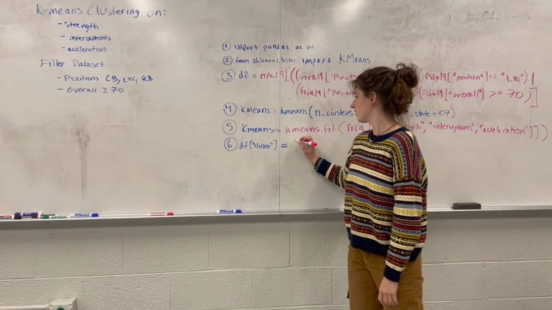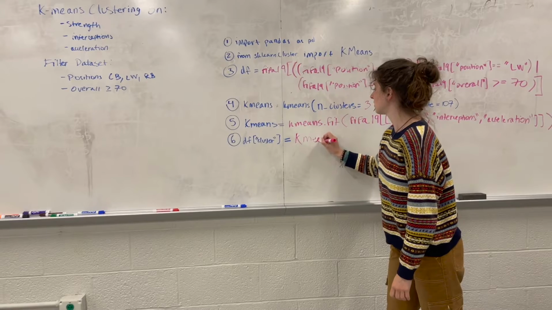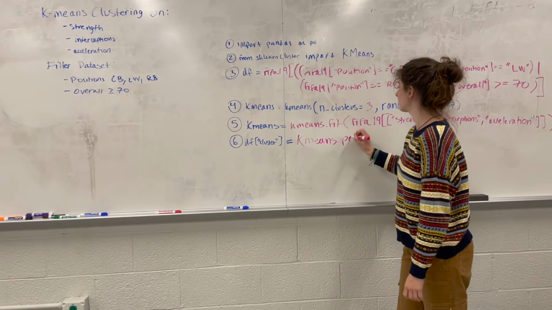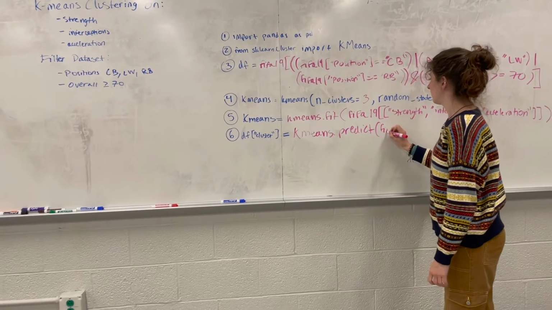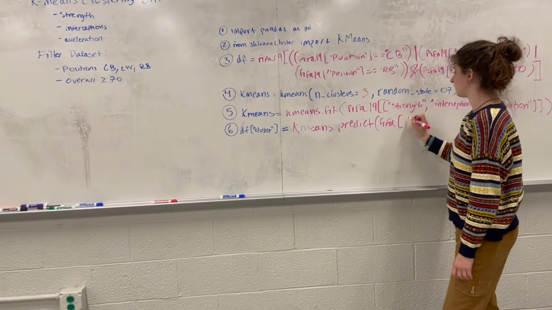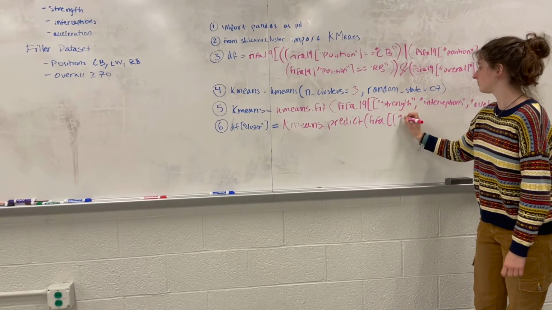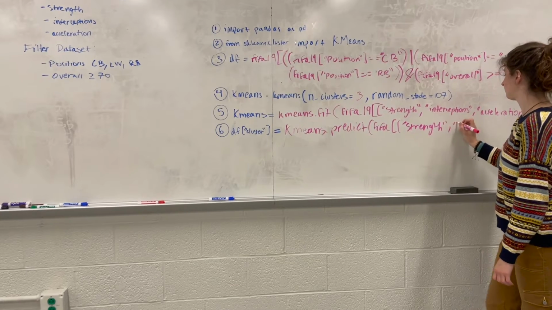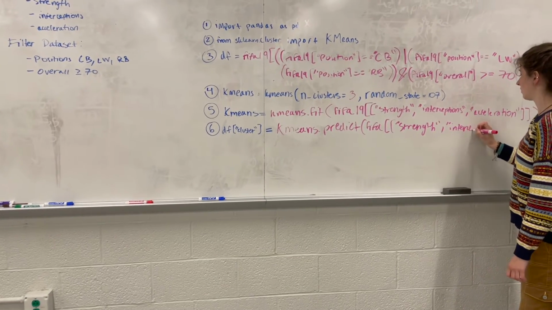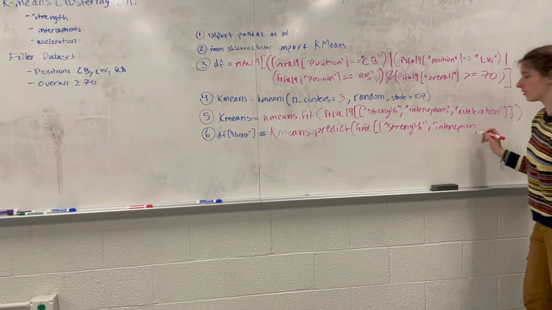And very, very similar to the previous line, you just write k-means dot predict and then indicate the same list of characteristics that you used to fit the data. Interceptions. I apologize if my handwriting is bad in this part, but you know what I'm writing out.